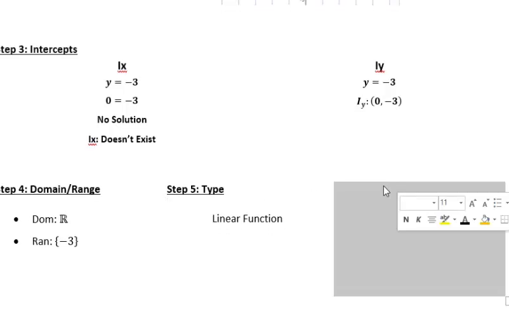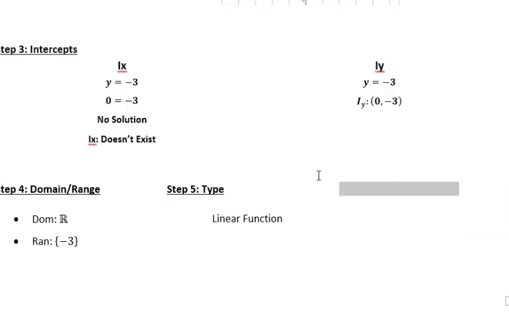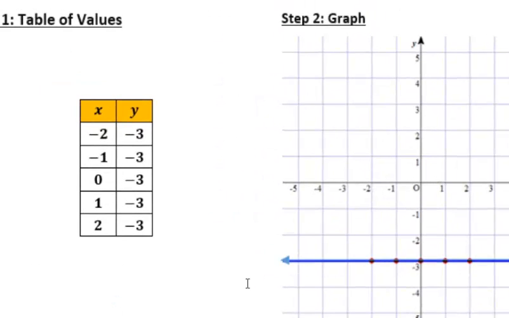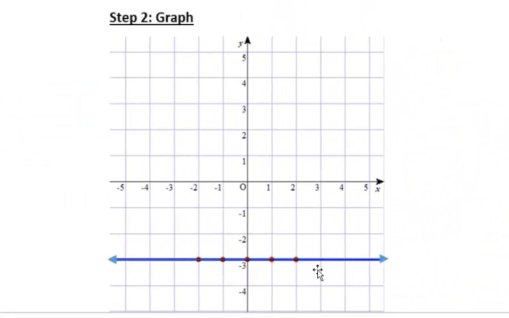Okay, and if we're trying to analyze the growth intervals, which will be step number 6, we will have to check whether this thing is increasing, decreasing, or if it's constant. Okay, if it were increasing, then the line would be going up. But if we put an imaginary friend to walk on the line from left to right, it will move on the same place.